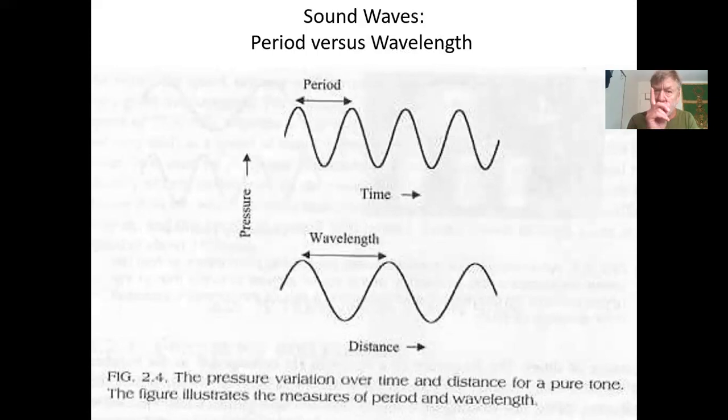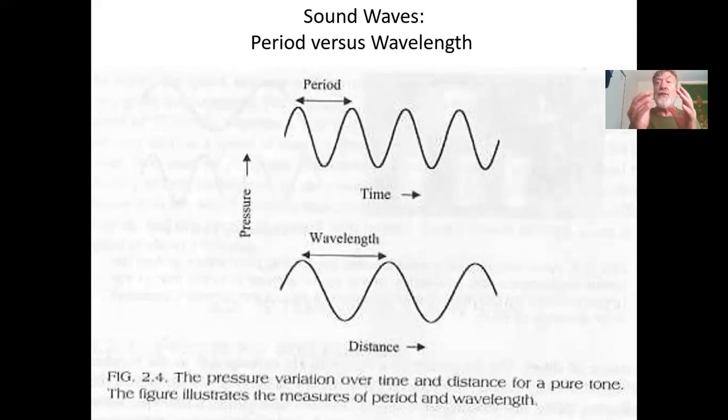Always remember, period is the number of cycles per second. I know that's wrong. Period is the time it took for one cycle to occur, one condensation, one rarefaction, the time it took for 0 to 360 degrees, in other words. And wavelength complements period.